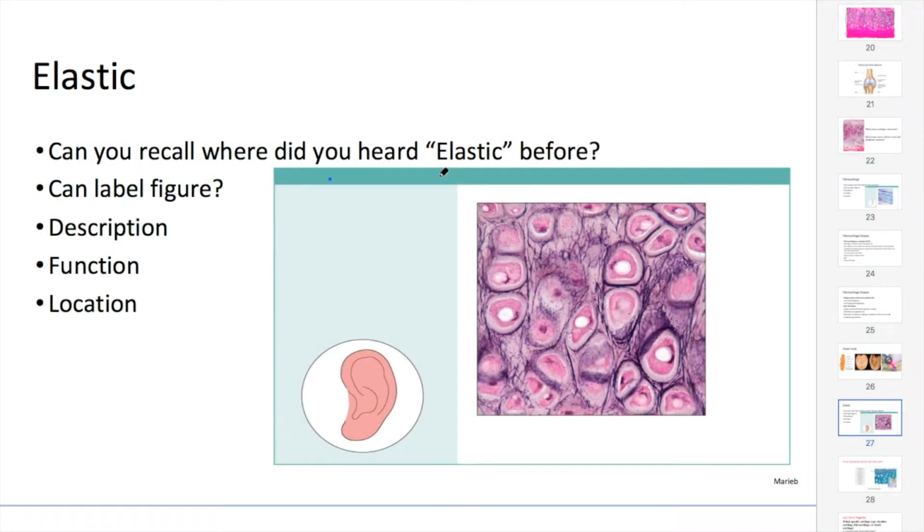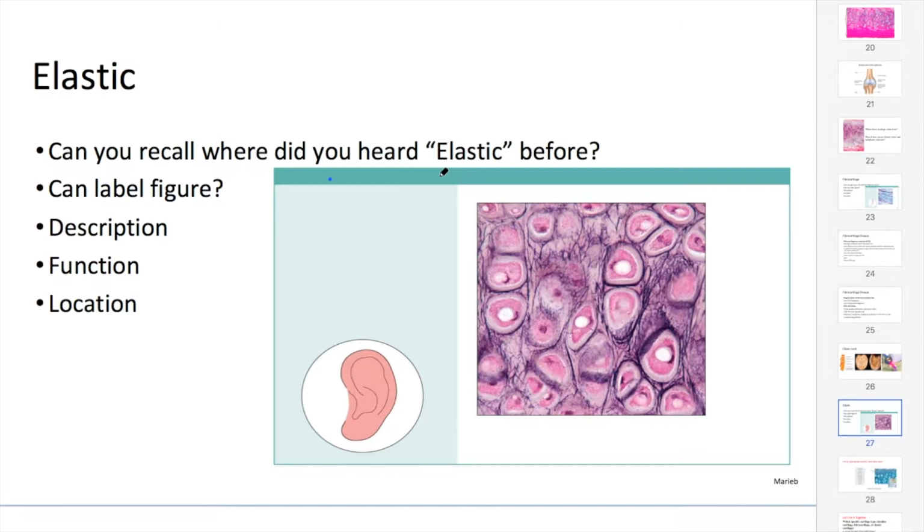Welcome back, guys. In today's lecture, we're going to talk about elastic cartilage. In the last lecture, we talked about fibrocartilage. Before I dive into today's lecture, I want to ask you something. Where did you hear this term elastic before? Alright, time's up.